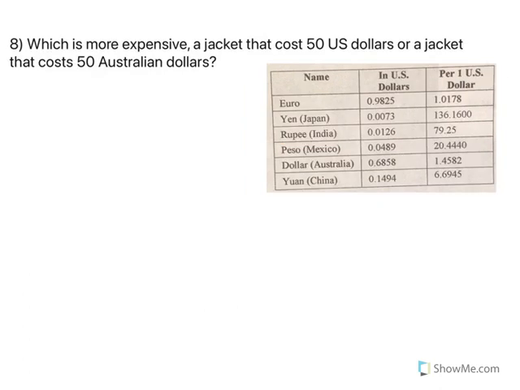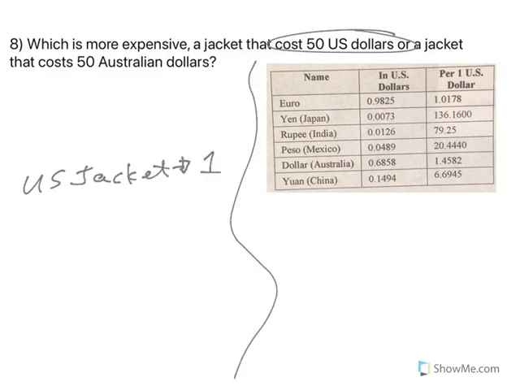Which is more expensive? A jacket that costs 50 US dollars or a jacket that costs 50 Australian dollars. Now here, the easiest way to do this is pick one. Do you want to change everything to US dollars or Australian dollars? I'm going to pick Australian dollars. Okay, so we'll call the US jacket jacket 1, and we'll call the Australian jacket number 2.